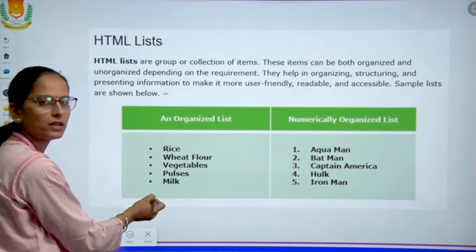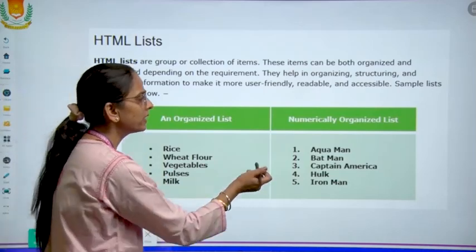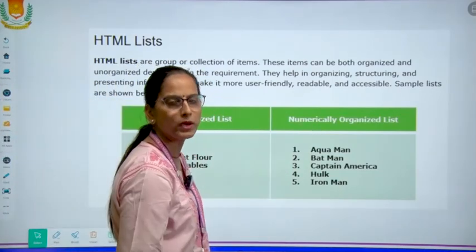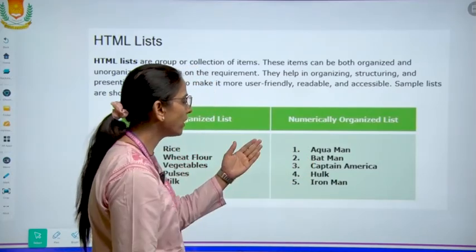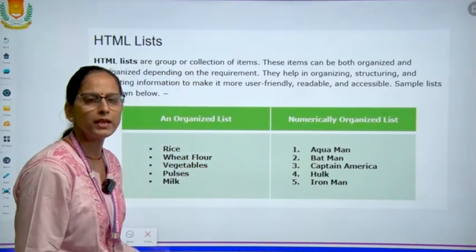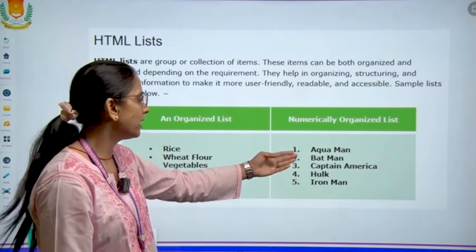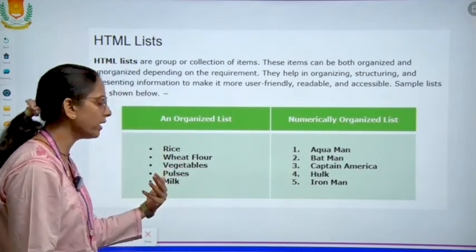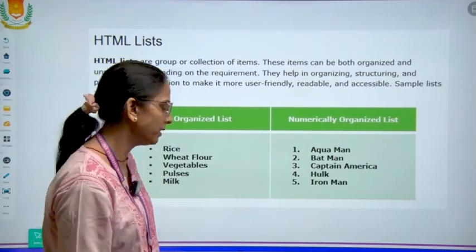Here we have taken the square bullet. So this is an example of a bulleted list, and the other way is you can display the contents in a numbered way, so 1, 2, 3, 4, 5. Many kinds of numbering are available. You can use Roman numerals and other numbers, and in the same way with bullets you can use different kinds of bullets.